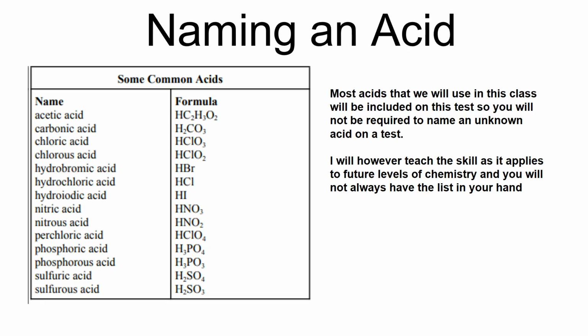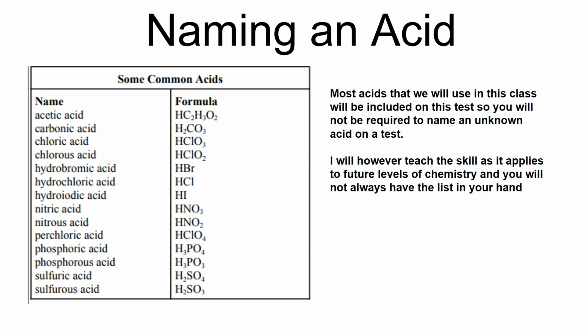Now, naming an acid. Southeastern professors are really, really nice. We used to have to know how to do this, but since last year, they started including this list in your reference packet. So if you turn to the last page of your reference packet, or the second to last page, you should have this box somewhere in there. And it gives us pretty much every acid that we'll use in this class, and it's already named for you.